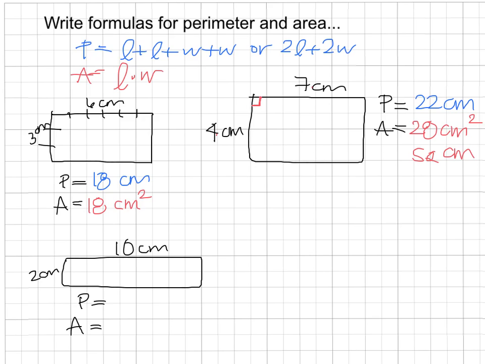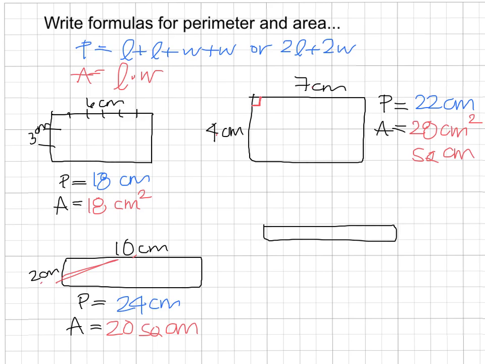All right, our perimeter is 10, 2, 12, 22, 24 centimeters. And our area, we're just multiplying these two. 2 times 10 is 20 square centimeters. All right, our final example is, again, not drawn to scale, 1 centimeter by 8 centimeters.